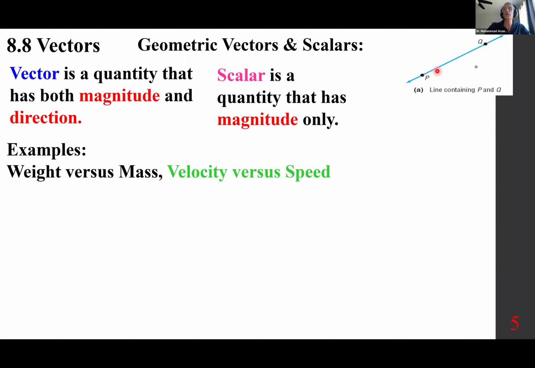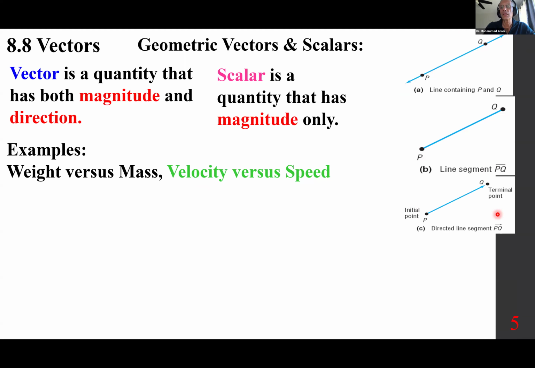And so this represents a line PQ because it goes indefinitely on both sides, but this one is a line segment that ends at P and Q, and this is the initial point of a vector, and the terminal point of a vector. It's a directed line segment known as a vector.